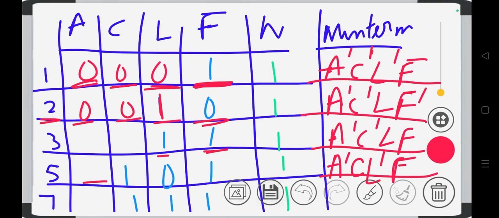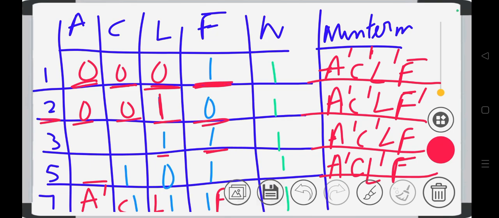And for the last one, a is 0, so it will be a complement, this one will be c, this one will be L, and this one will be f. A complement, c, L, and f for number 7.